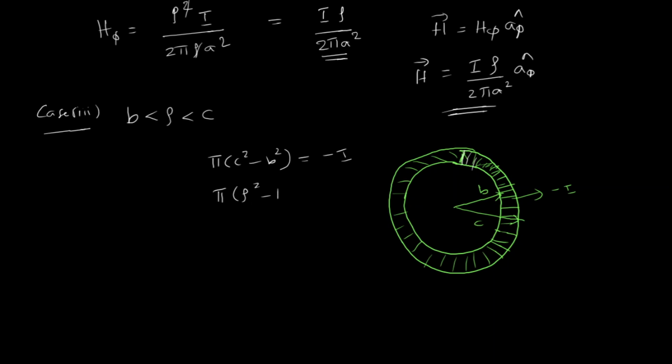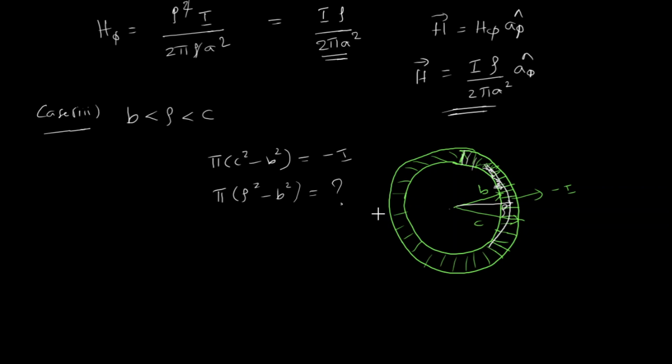Agree? Because I need to find how much current is flowing through this. Why is it pi rho square minus B square? Because I have an inner circle here now, which is my rho. So pi rho square minus pi B square will give me the current flowing through this cross section. So I need to find what is the current flowing through this cross section.